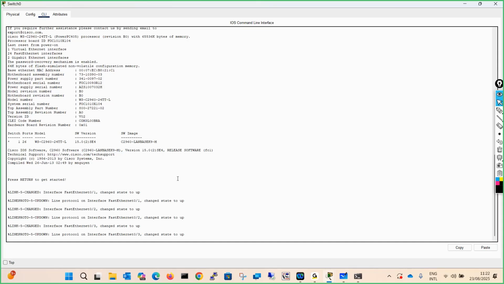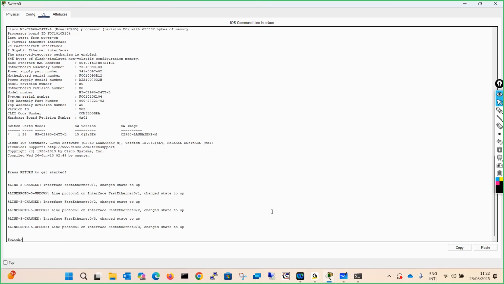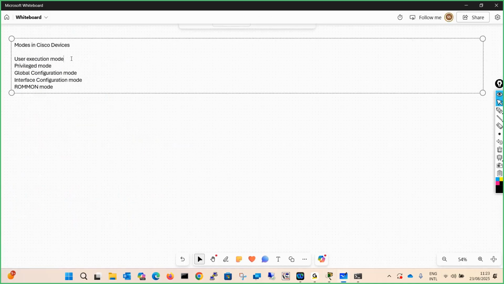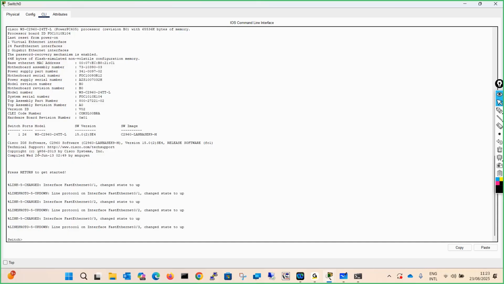Now, as soon as the device comes up, just press enter, and you will see that the prompt has come up with this greater than sign.